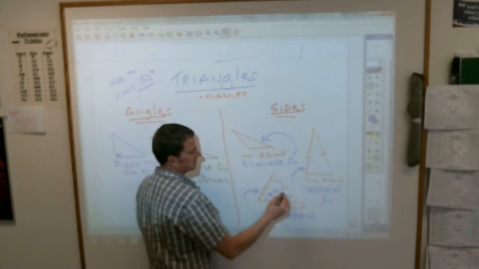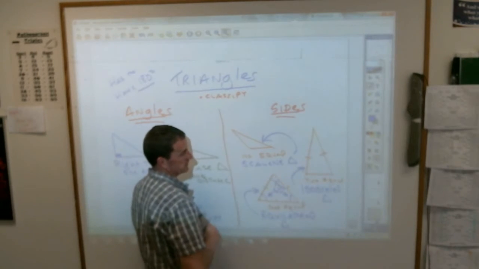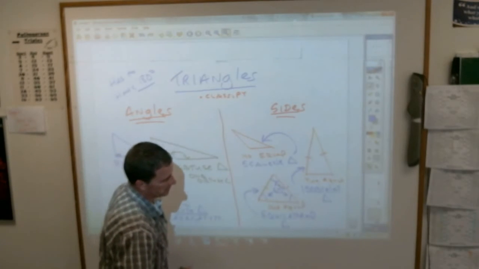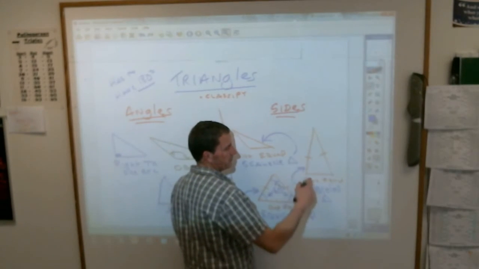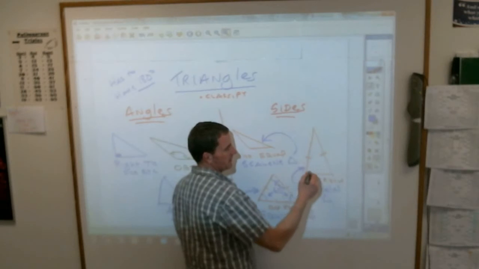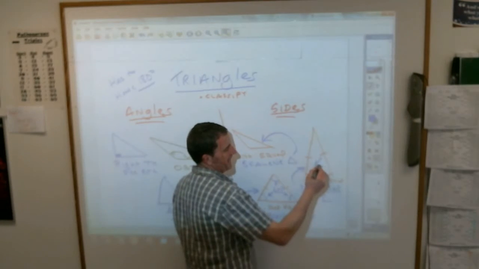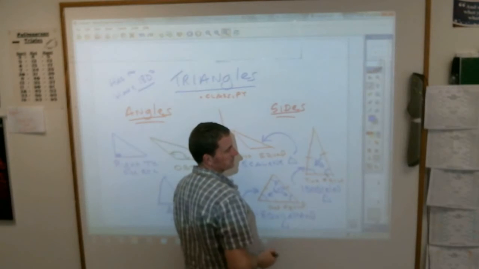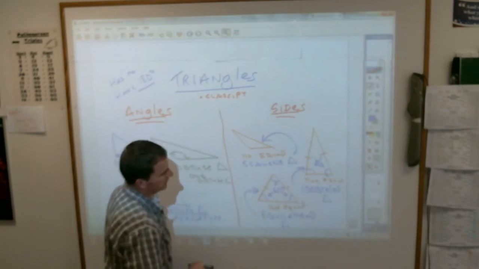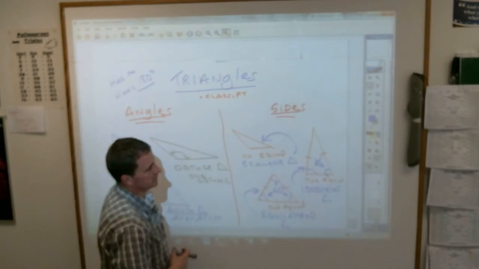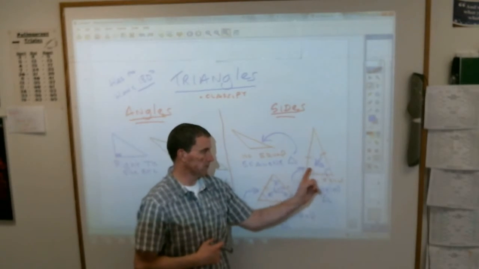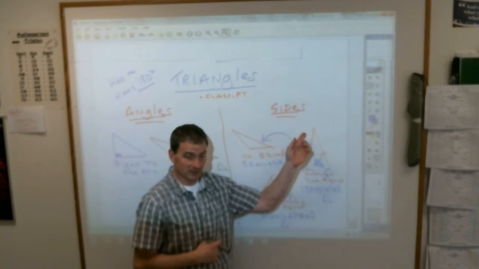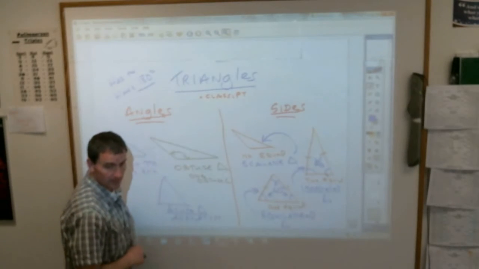Each angle is 60 degrees. Isosceles triangles you don't know because it could be different, but one truth about an isosceles triangle is that the angles opposite the sides that are equal are also equal. Kind of looks like a face, but doesn't. So if this angle was 70 degrees, that angle would also be 70 degrees, which means that angle up there would have to be 50 degrees.